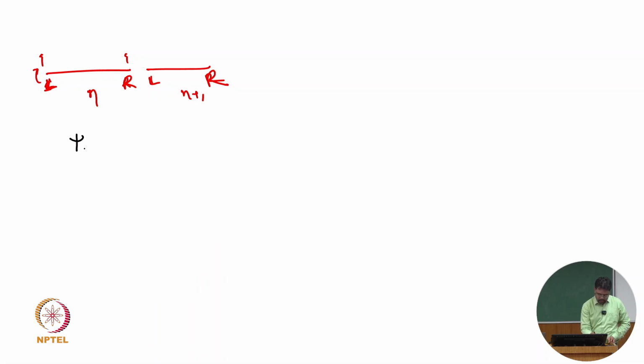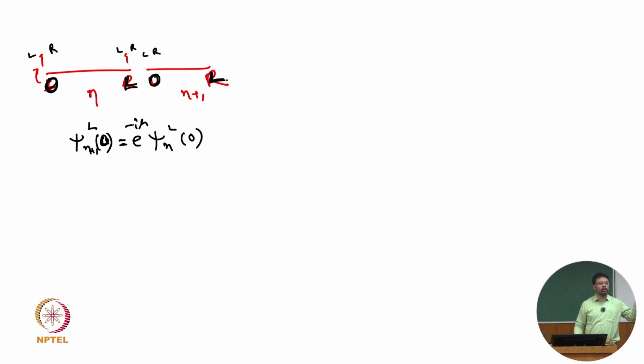So what we can see, phi n L. This is 0, L, 0, L distance. So that is the left side, right side, left side, right side. So phi n 0 left side, phi n plus 1 0 left side equals phi n L times e to the power of I mu because of Bloch theorem.